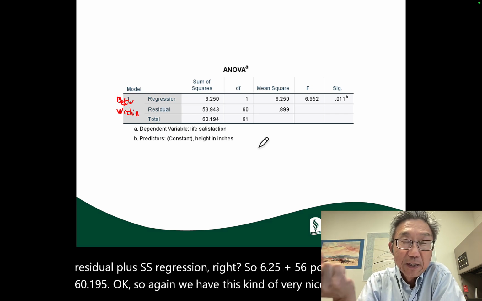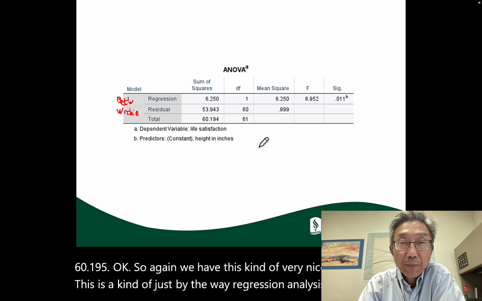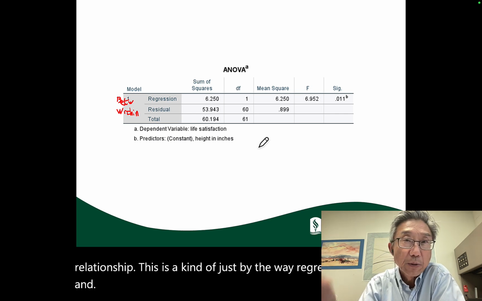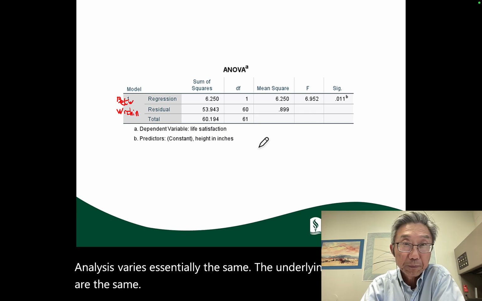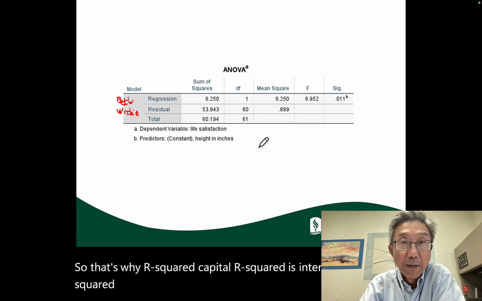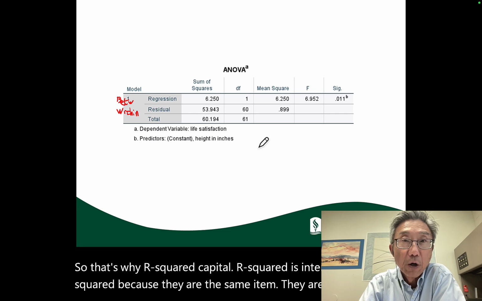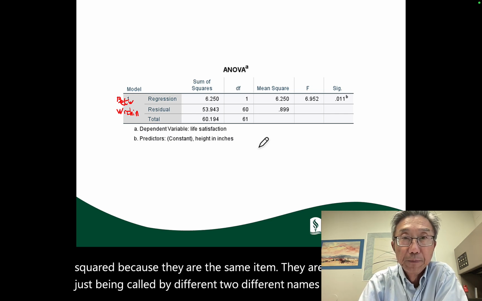By the way, regression analysis and analysis of variance are essentially the same. The underlying mathematics are the same. So that's why capital R squared is interpreted as eta squared, because they are the same thing, just being called by two different names given in two different contexts.